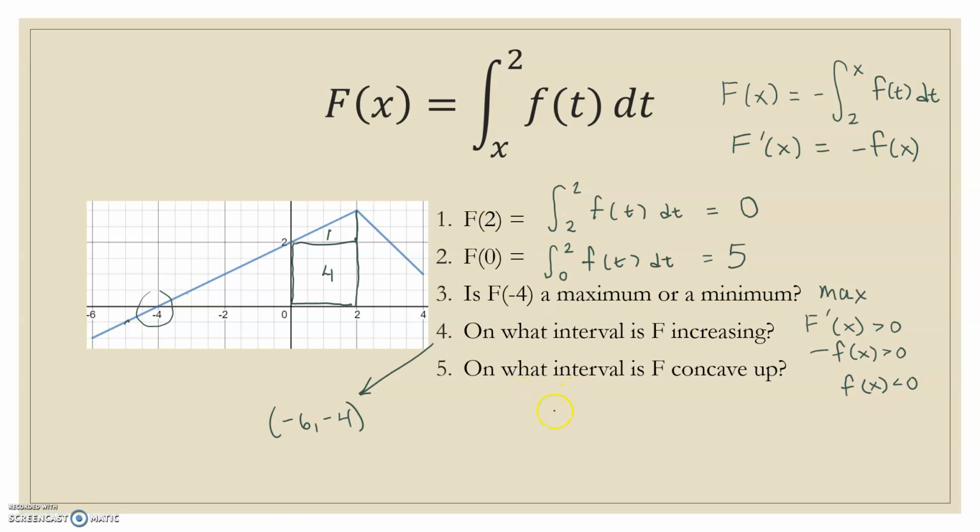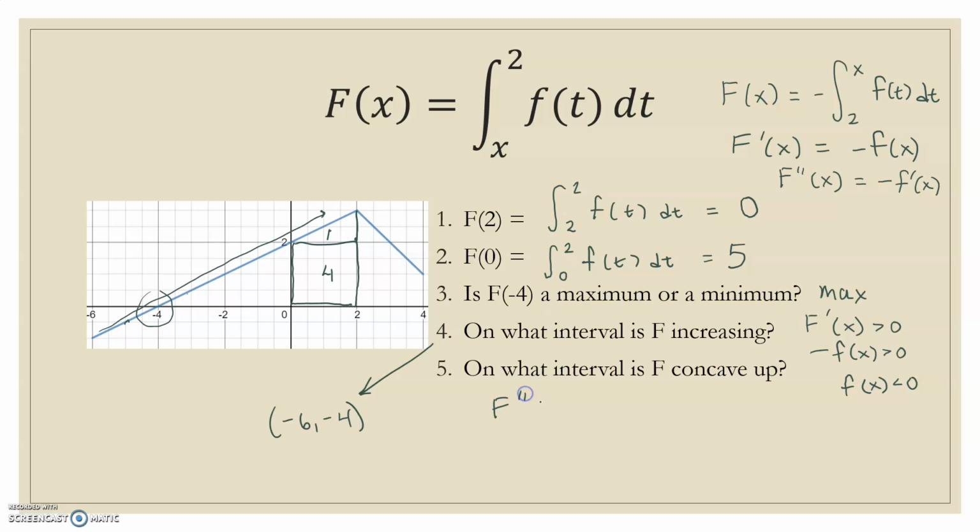Number 5, on what interval is f concave up? Well, if I take a second derivative here, the second derivative would be the opposite of the derivative of little f. So the slope is positive in the graph, which means that the second derivative would be negative.